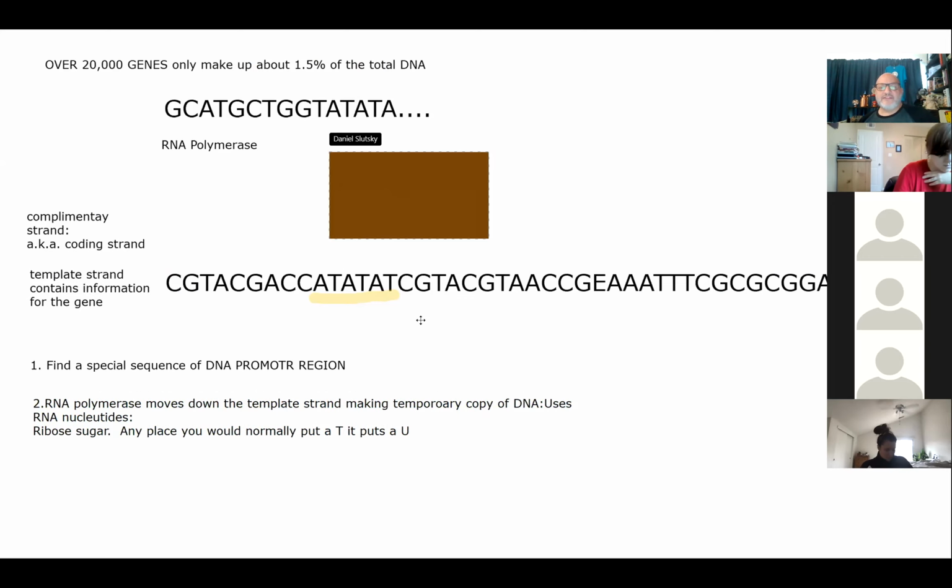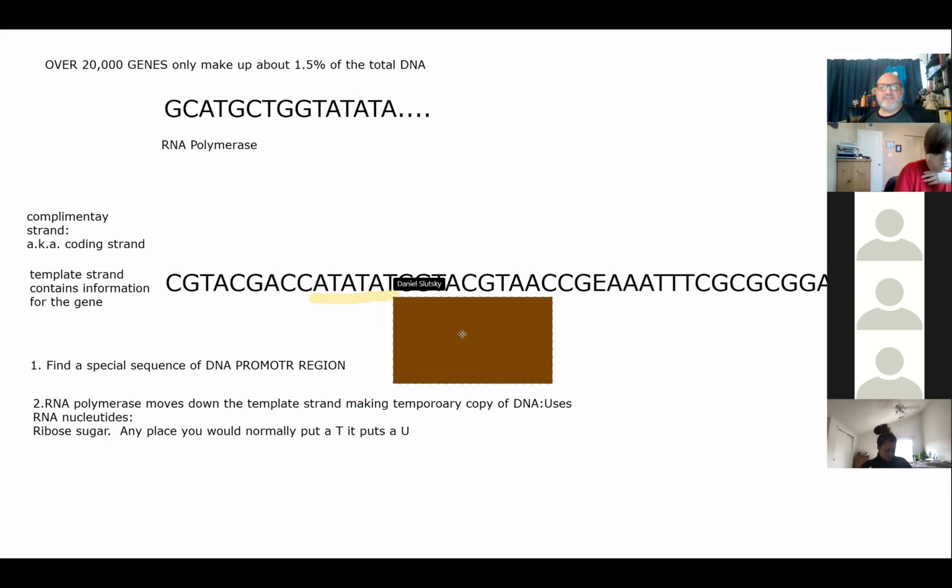So as this is moving down, and I'll cheat and move it to this side, as this is moving down using RNA polymerases, so for this we'll change the color to blue, what would our complementary RNA base be here at this first spot? G, C, A. Okay, well, then slow down. So G, I heard C, I heard A. What would be next? U, right?